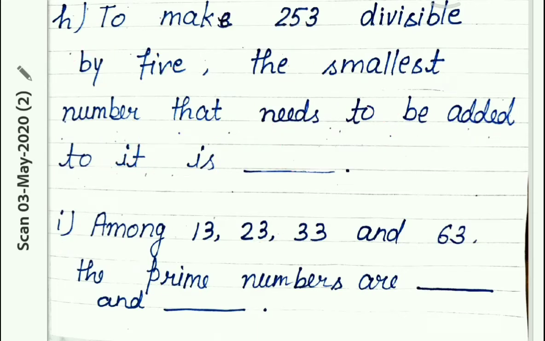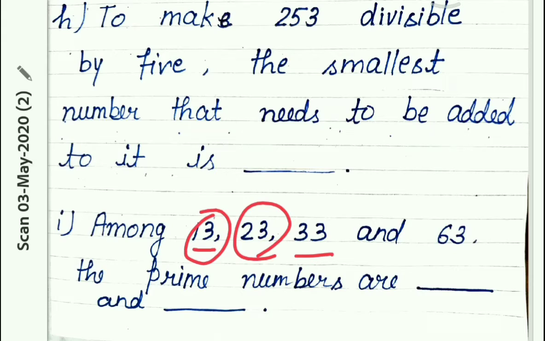Similarly, in the I part, 13 is given. Here also we are asking for prime numbers only. 13 is divisible by 1 and itself only, so it is a prime number. 23 is also a prime number because it is not divisible by any other number. It is divisible by 1 and itself only. 33 is a composite number. Why? Because 33 is divisible by 3 also, 11 also.